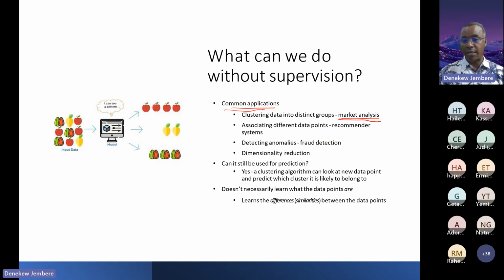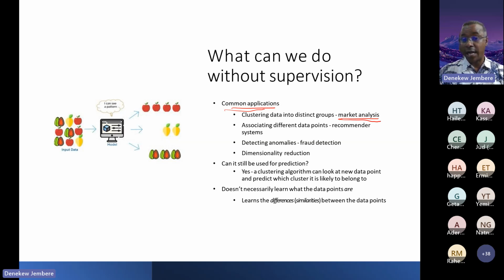And detecting anomalies, fraud detection. Just as I said earlier, based on the number of transactions that most customers do with a bank, if the model notices something out of the usual pattern, basically it detects that kind of fraud.